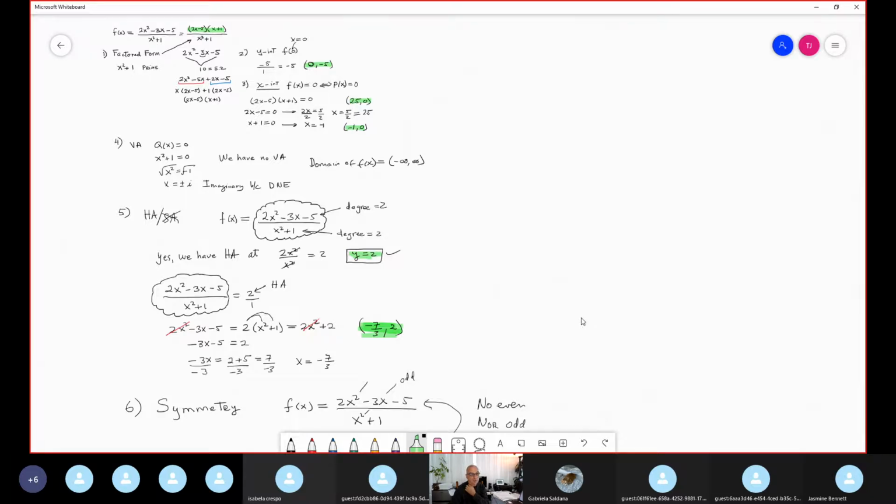No vertical asymptote. So I open Desmos. I put in the original equation, and you complement it with the auxiliary construction. In this case, the only asymptote that we have is horizontal at y=2, and that's it.